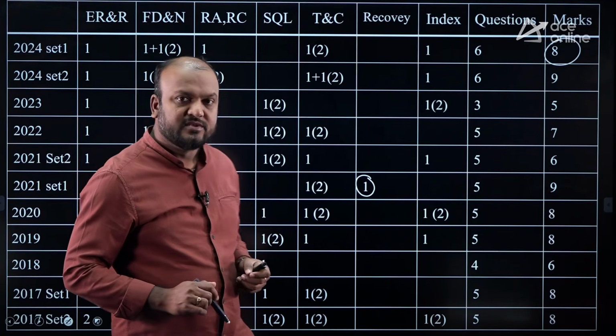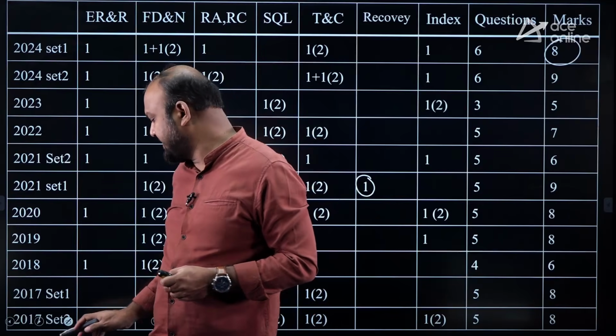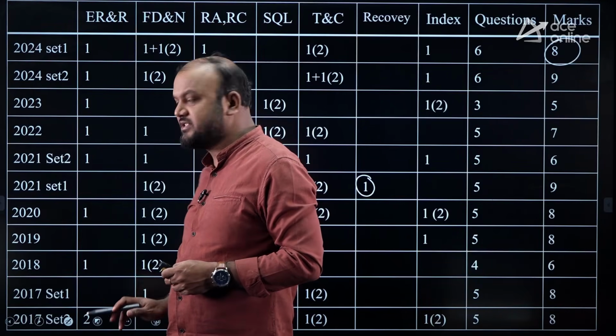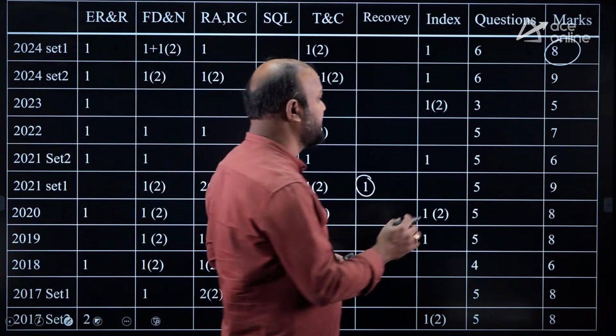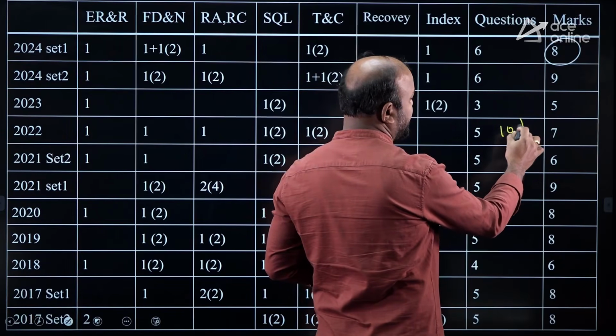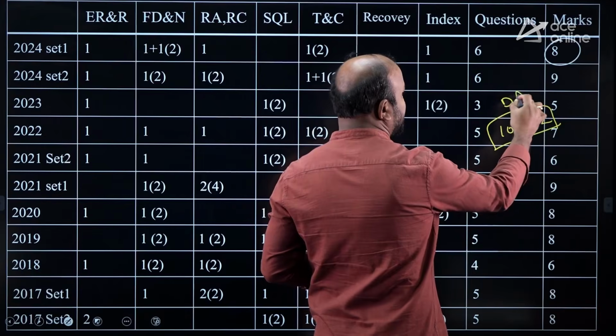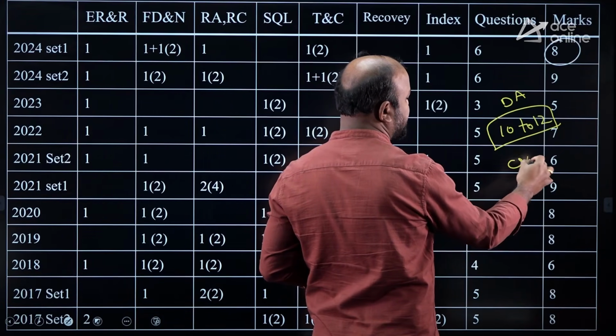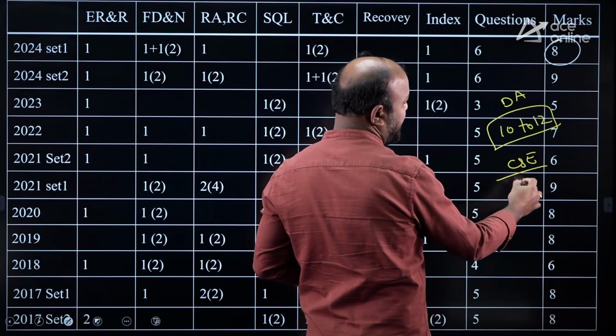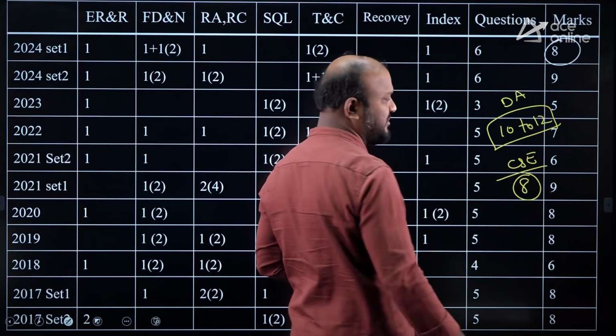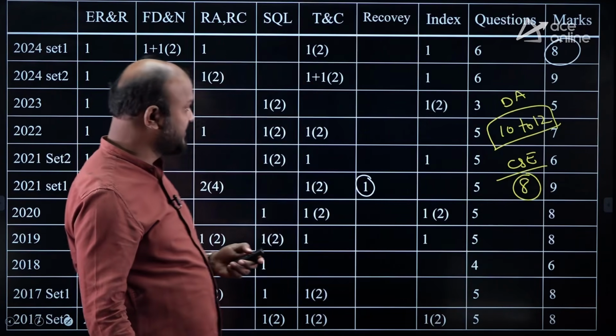Okay. So, when it comes to the DA people, the weightage goes to around 10 to 12 marks. For CS students, I can say an average of 8 to 10 marks from DBMS.